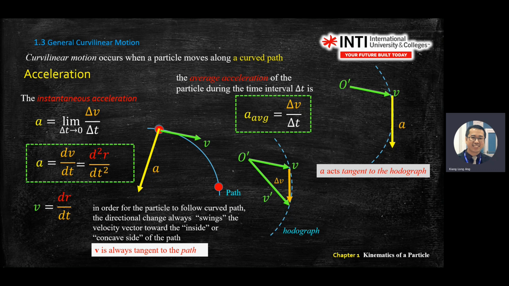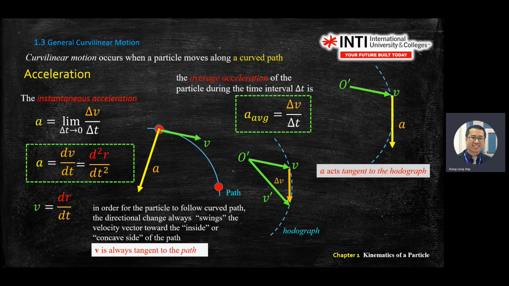So here, V equals dr/dt. So you can write your acceleration the same. In linear motion, you use a equals the differentiation of v, so you change the s into r.